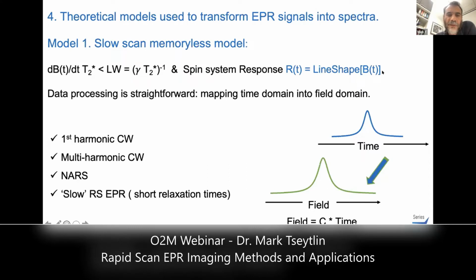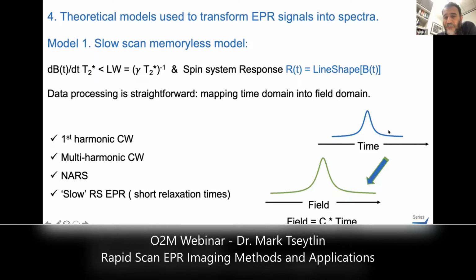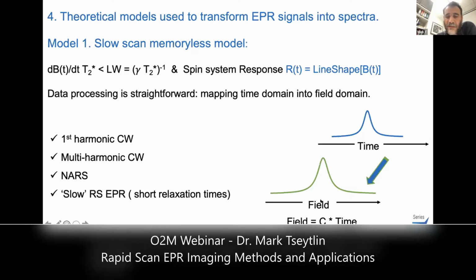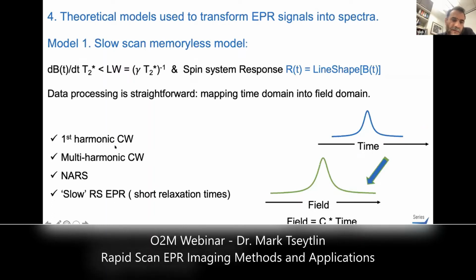And that's how classical CW EPR works. Data processing is extremely straightforward. You have a time domain signal which you simply map to the field domain. Even if it's a derivative, it's pretty much the same approach. So that's how first harmonic standard CW works, multi-harmonic, and you may have slow scan rapid scan situations as well.